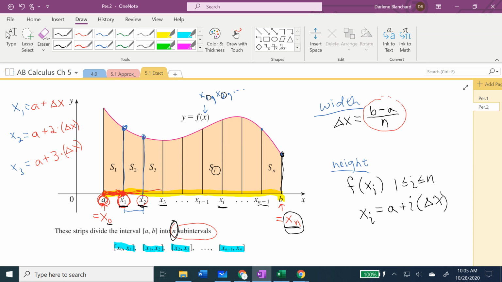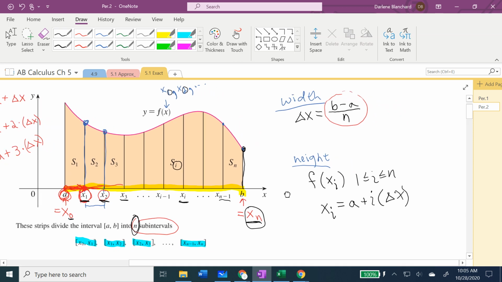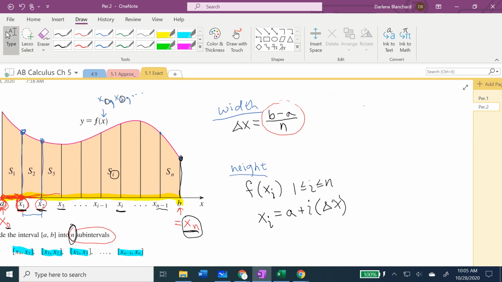We looked at width, we looked at height. Now, the area of rectangle number i. So the area of the ith rectangle. I've got the area of a first rectangle, a second rectangle, a third rectangle, all the way through to an ith rectangle, continuing on to an nth rectangle.